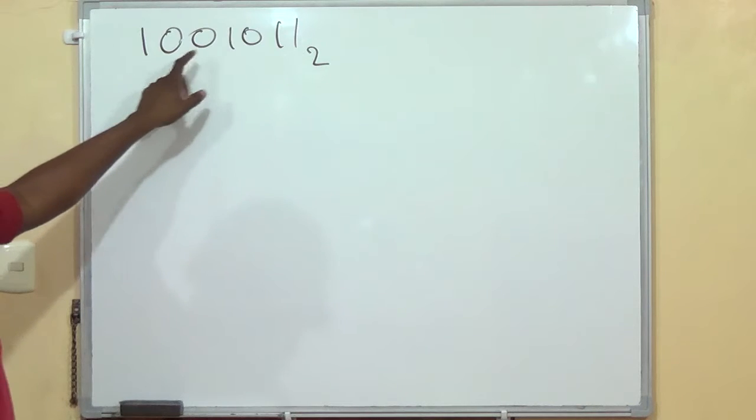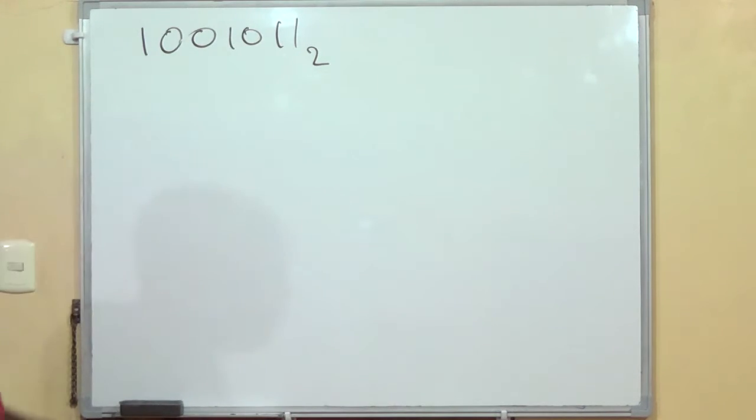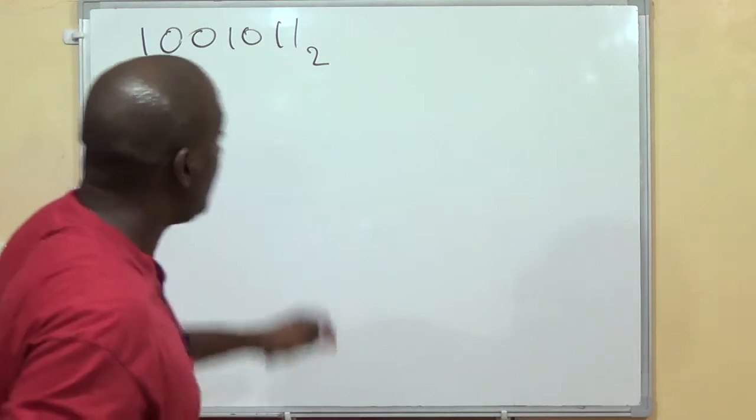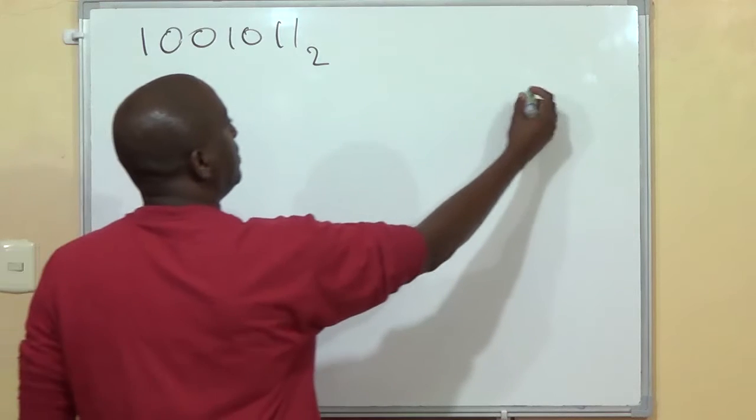So for 1 0 0 1 0 1 1 in base 2, we do a little table and we look at these numbers here.